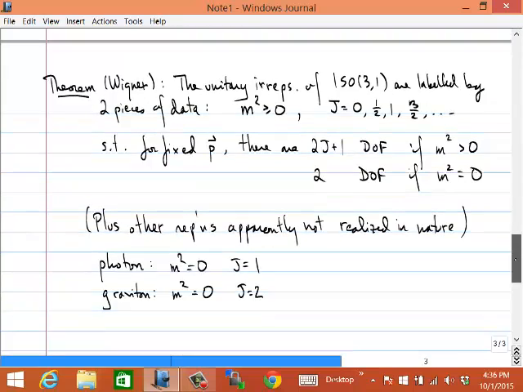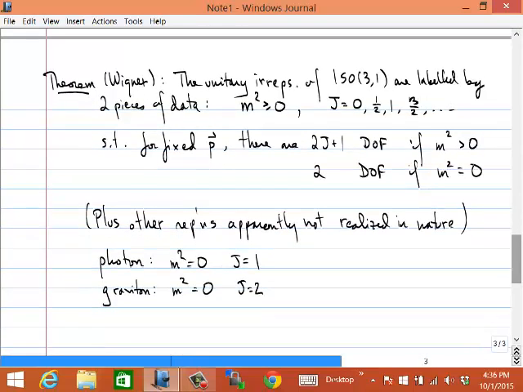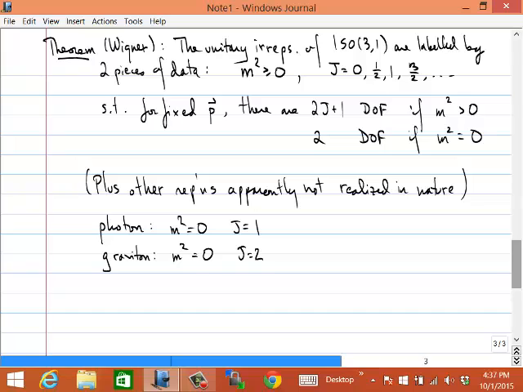Similarly, all of the particles of the Standard Model fall on this list as well. The Higgs, for example, is a scalar field. The electrons, muons, quarks, gluons, they all fall on this list somewhere. So you can see here that the principle by which one can determine the possible physics of a theory just by studying its symmetries is a very powerful one.